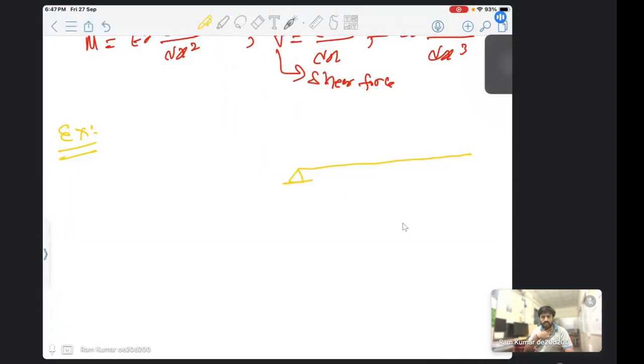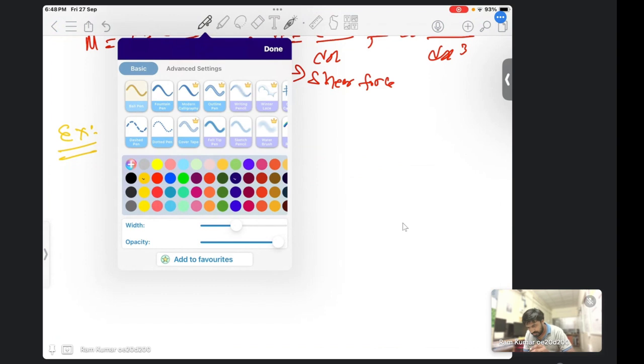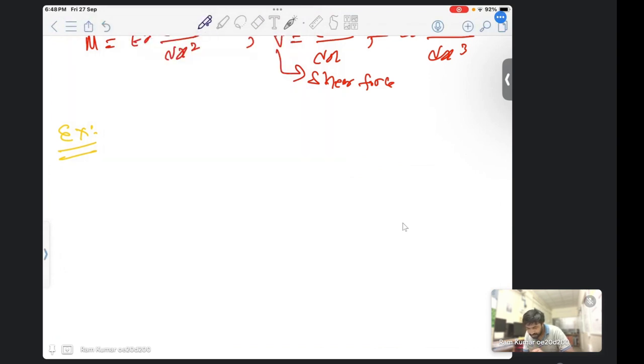Oh, sorry, I got disconnected. So this is one of the beams. I will draw this beam again. This is a long beam, and there is a hinge at this location, at this also, and this here having three locations.